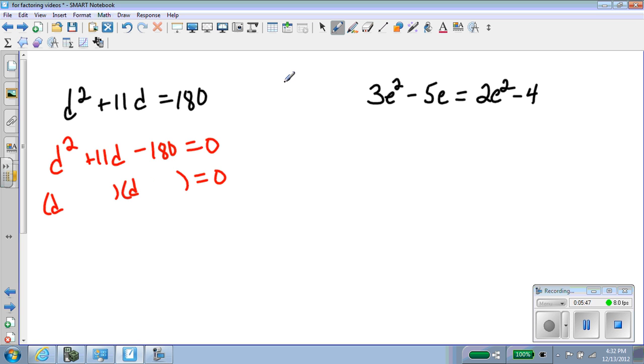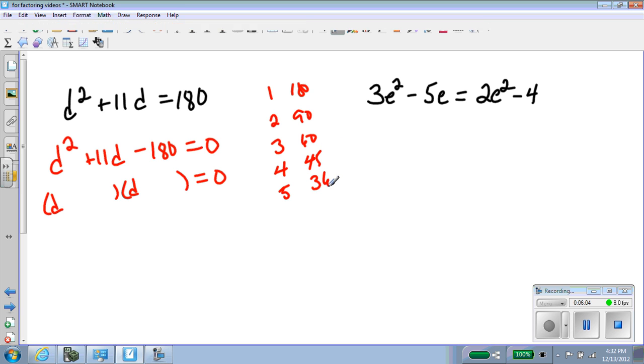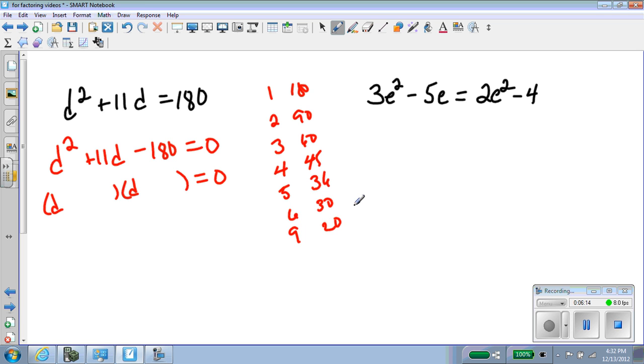Wow. Okay. Well, it's 1 and 180, 2 and 90, oh my gosh, 3 and 60, 4 and 45, 5 and 36, 6 and 30. Will 8 divide that too? No. 9, 9 and 20. Oh, hey, 9 and 20.